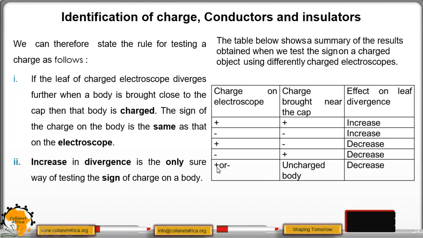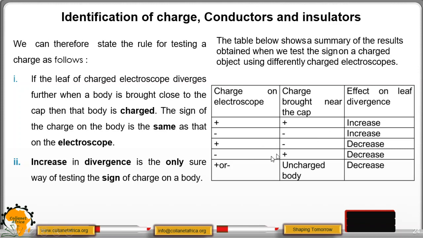In our last case, when you have a positively or negatively charged electroscope and you are working with an uncharged body, you find again there is a decrease in divergence of the leaf. So these three have similar results, and therefore a decrease of divergence of the leaf cannot be used to test the sign of the charge on a body.